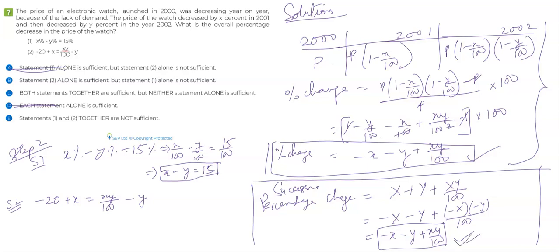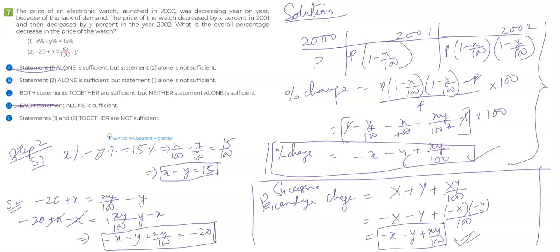We have X into Y by 100, we have minus Y. Now if we subtract X from both sides, we get minus 20 plus X minus X is equal to X into Y by 100 minus Y minus X. This implies, notice you have minus X, you have minus Y, you have plus X into Y by 100 is equal to minus 20, which clearly shows that there's a decrease. And this is what we need. So the answer in this case is a 20% decrease.